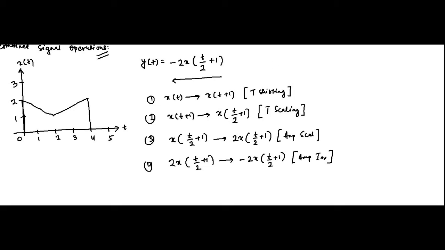First is time shifting. As we have already discussed a lot of questions in time shifting, here the time shifting we have to do is given as x(t + 1).